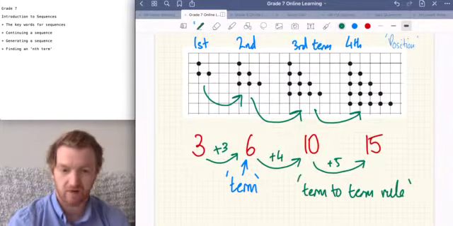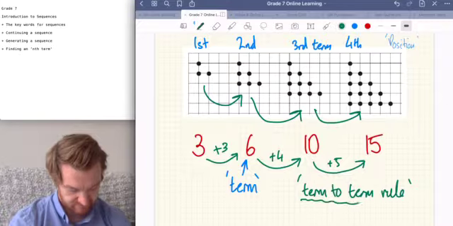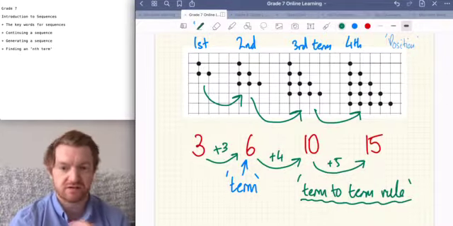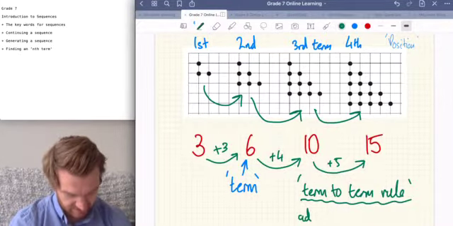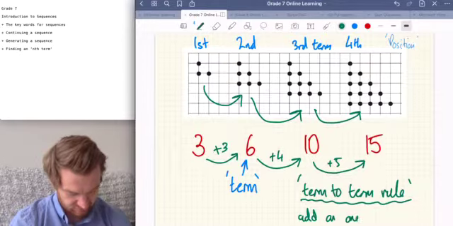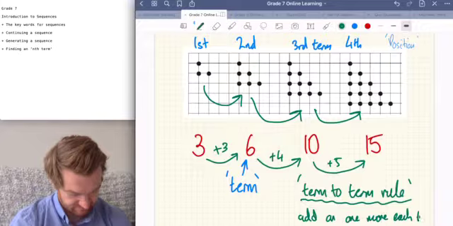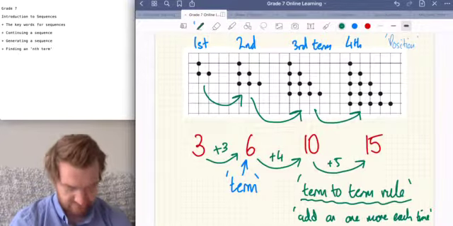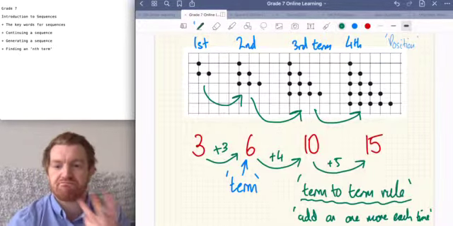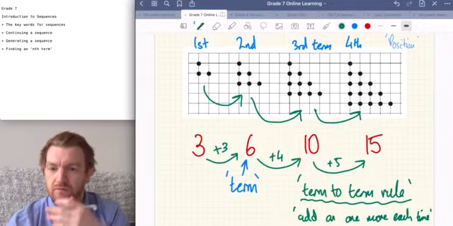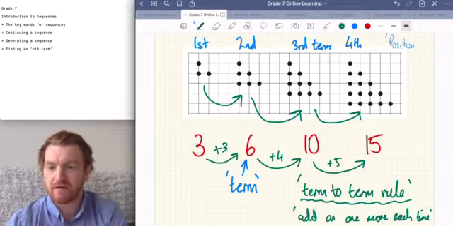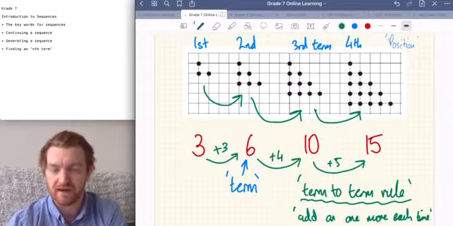How do you move from one number to the next? Just to start off with, we could describe it in words: add on 1 more each time. So that's the most basic idea of a pattern. What have you got, and what's happening as you move through the pattern.